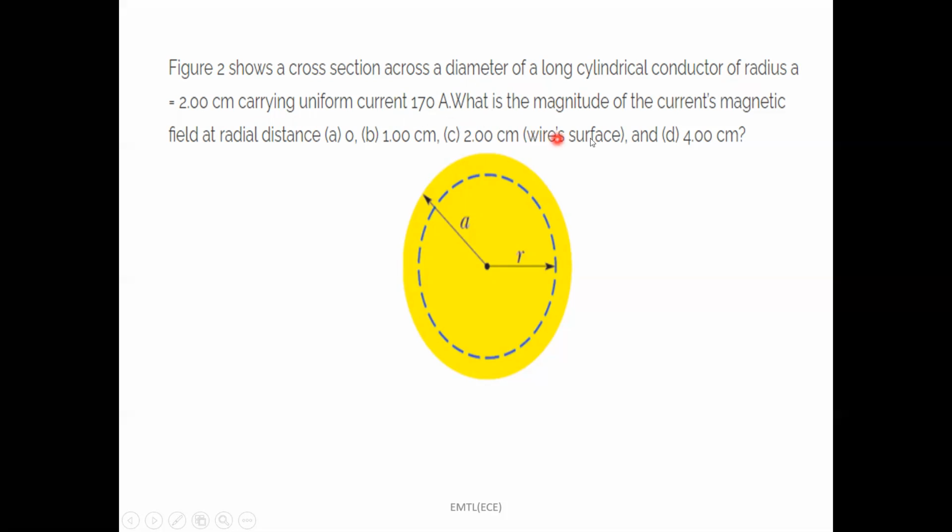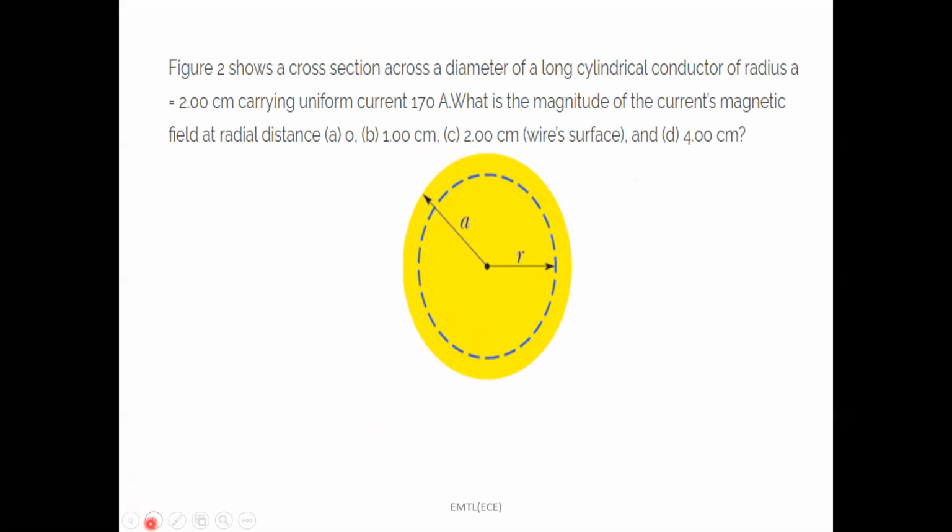What is the magnitude of the magnetic field at radial distances: first, r is equal to 0; B, r is equal to 1.00 centimeters; and C, r is equal to 2.00 centimeters, and r is equal to 4.00 centimeters.